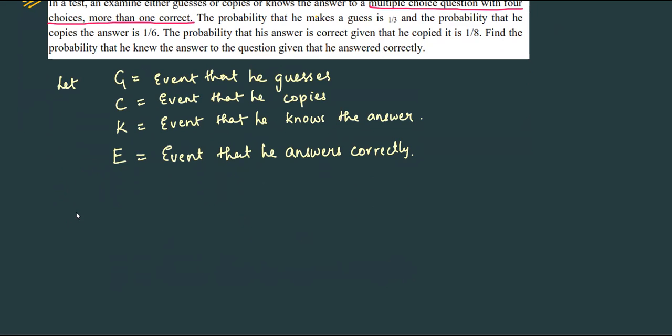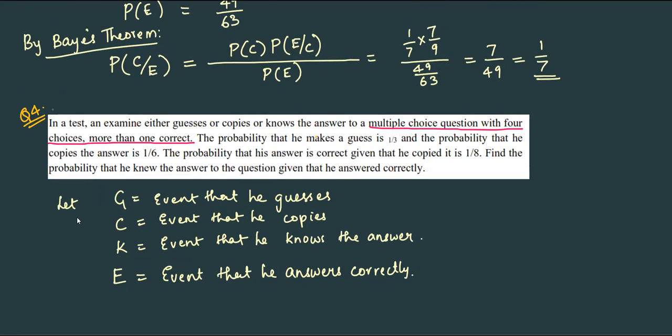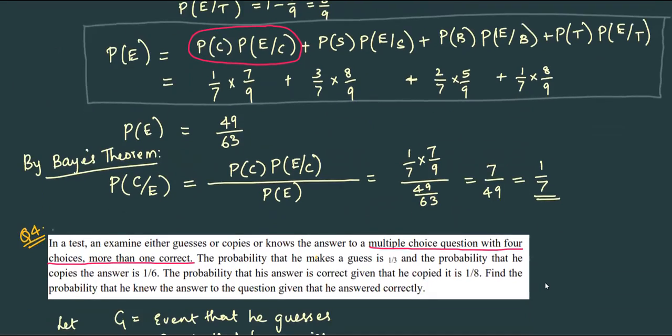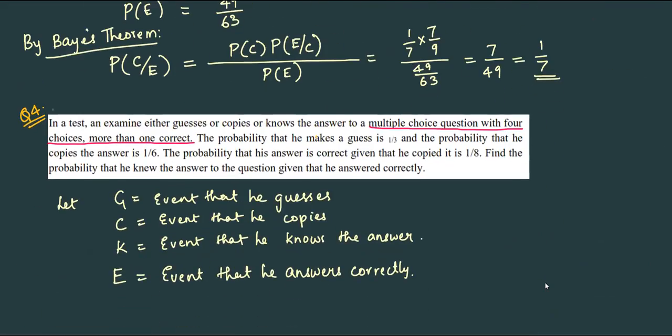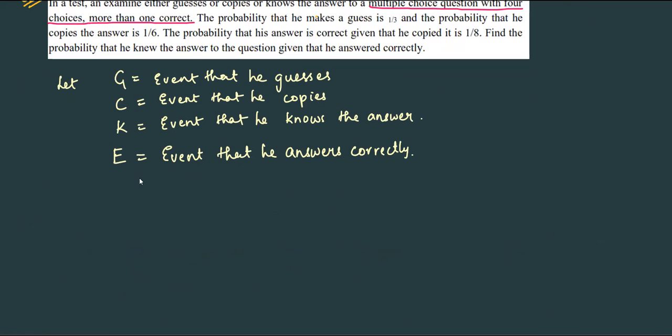Now it is given that if he makes a guess, the probability of guessing is 1/3. Probability of copying is 1/6.